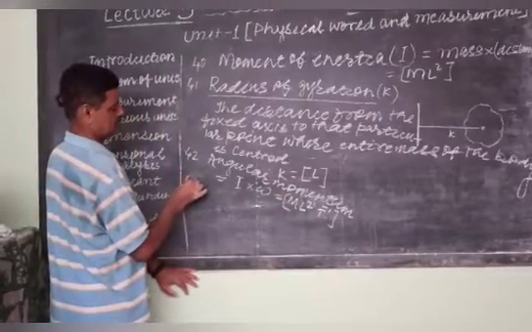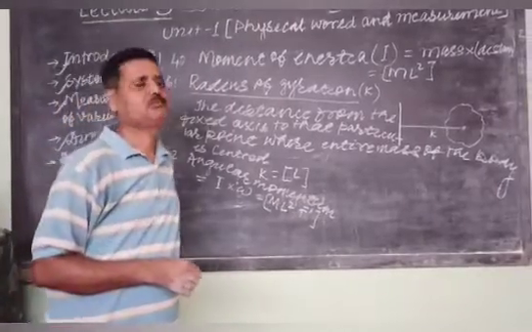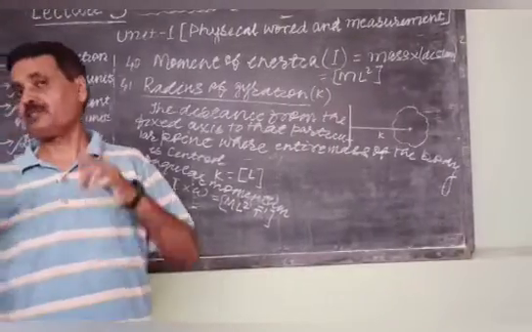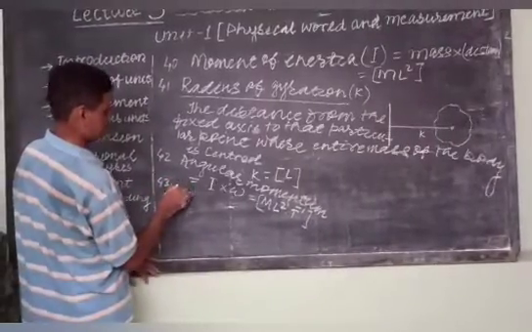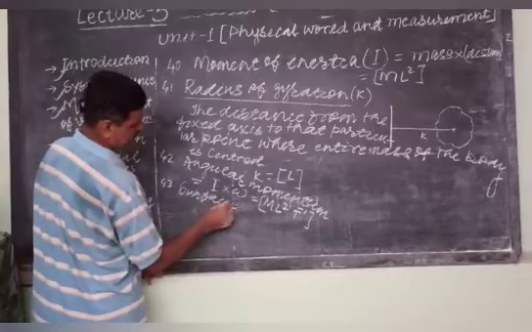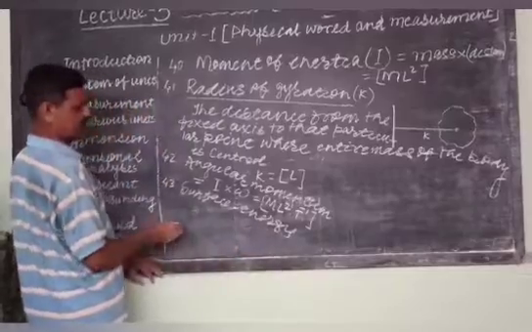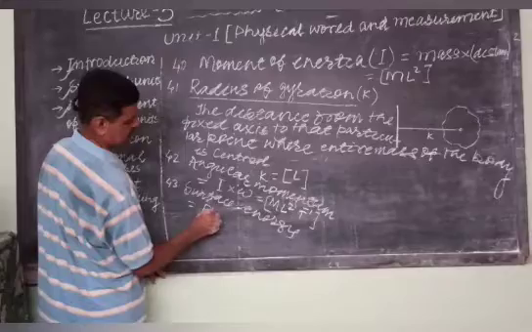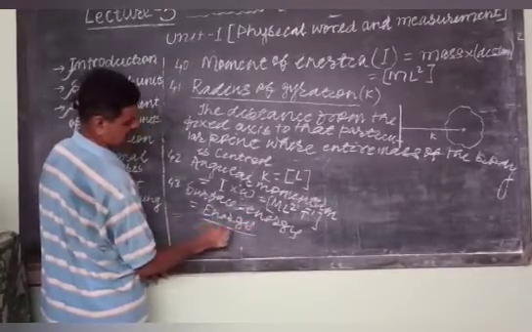Serial number 43. After angular momentum, the next term is your surface energy. Surface energy means energy applied per unit area.